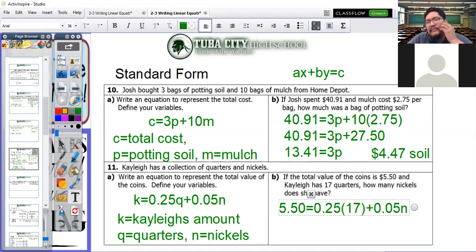So starting with our formula, let's go ahead and try to solve this. I'm going to multiply 25 cents times 17 because we want to know how much value of quarters she has, which in this case is going to be $4.25 in quarters.